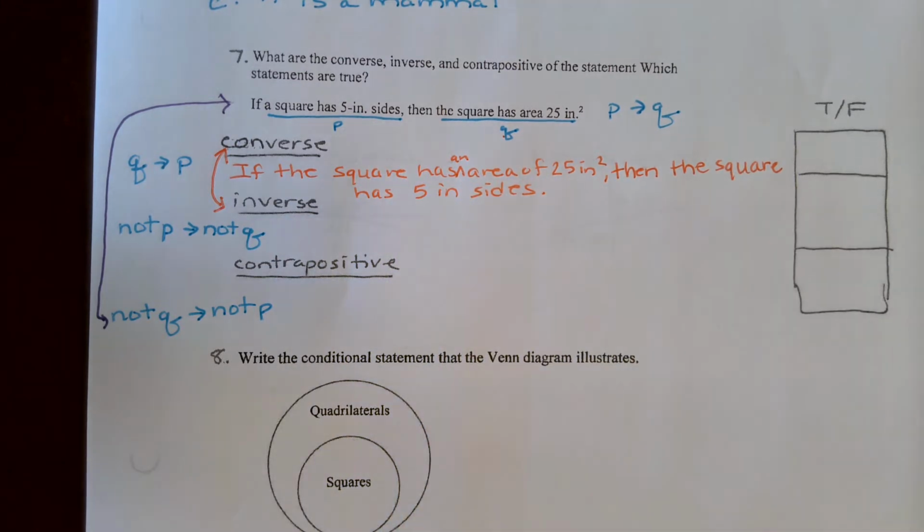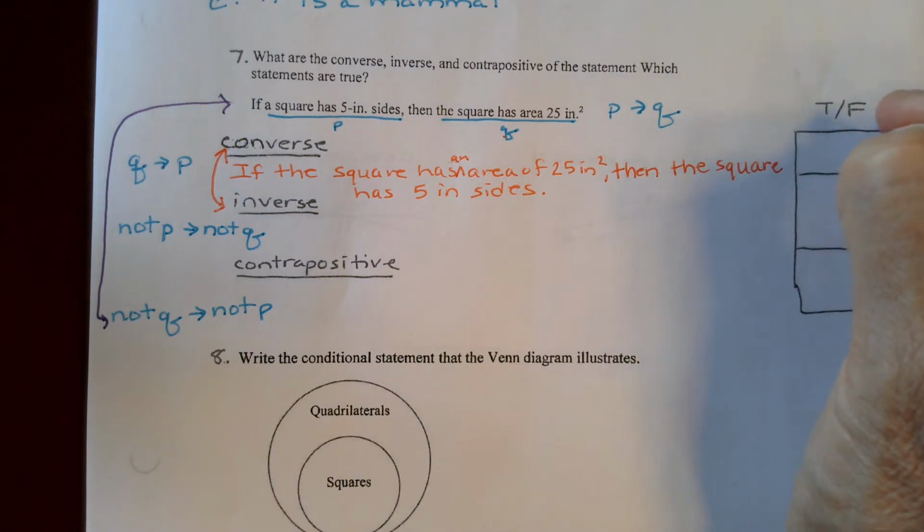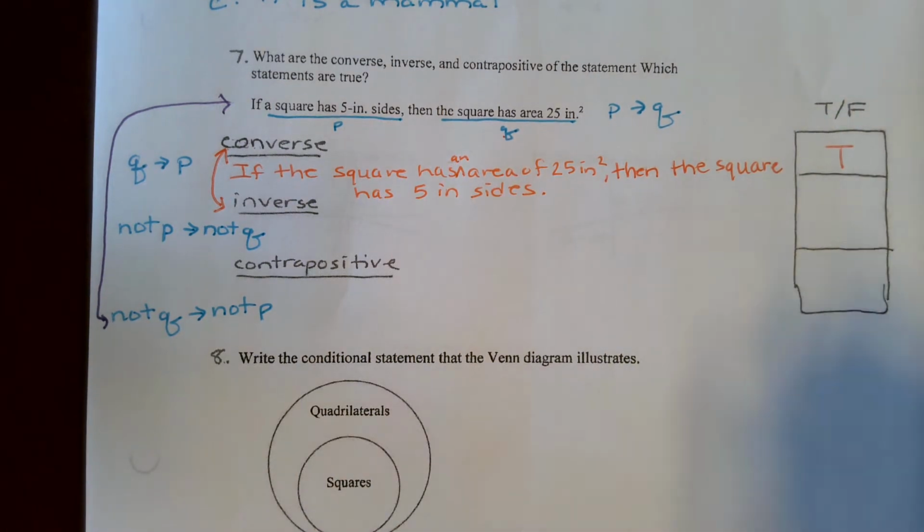Is that true? If a square has an area of 25, then the square has sides of 5. That is a true fact. Yes, true.